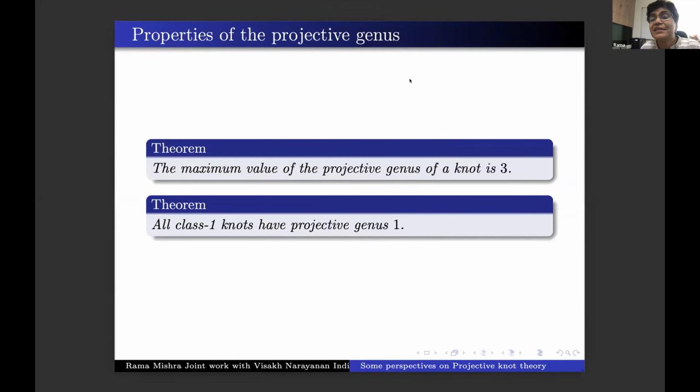For links, it can probably vary and give more values. So we are able to prove that for any knot in RP3, the projective genus is bounded by 3, and all class 1 knots have projective genus 1.